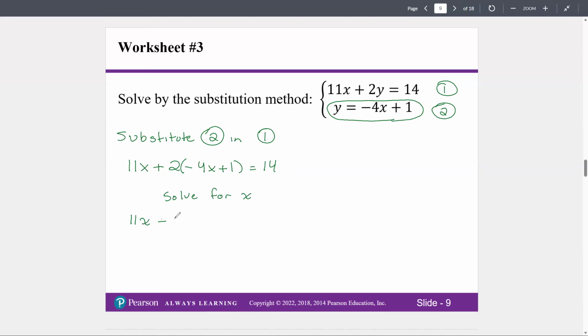So we get 11x minus 8x plus 2 equals 14. So we are going to have 3x plus 2 equals 14, which means 3x equals 12 when we subtract the 2. And so we end up with x is going to be 4.